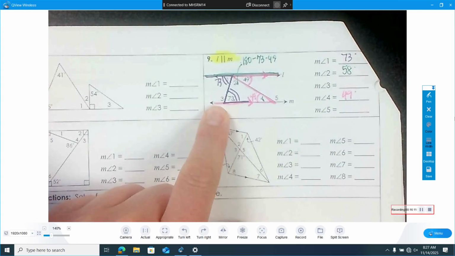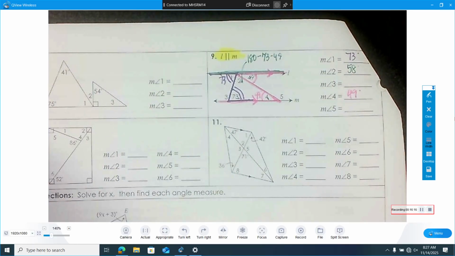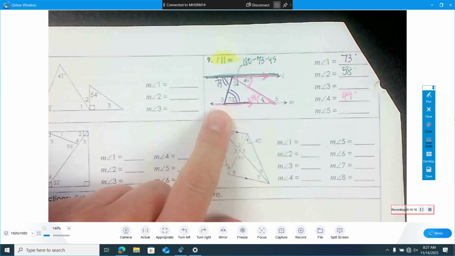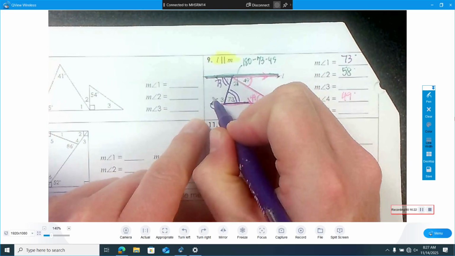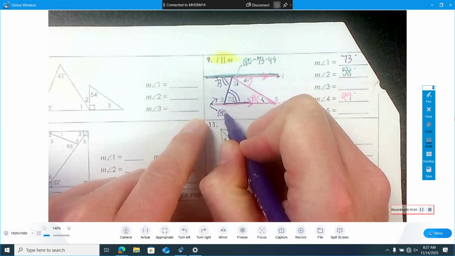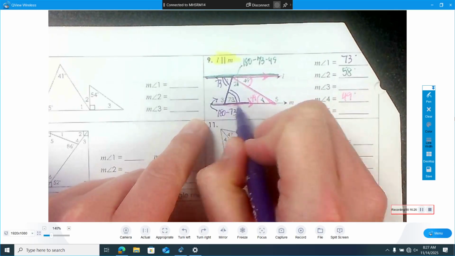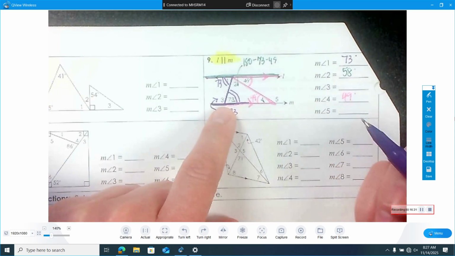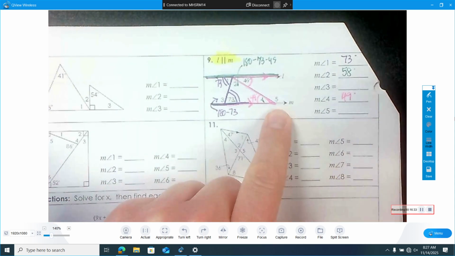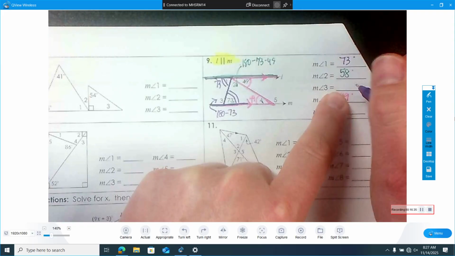73 and angle 3. 107. How'd you get 107? Yeah, 180 minus the 73 because they are adjacent. They form a linear pair right here. All right, and so number 3 is 107.